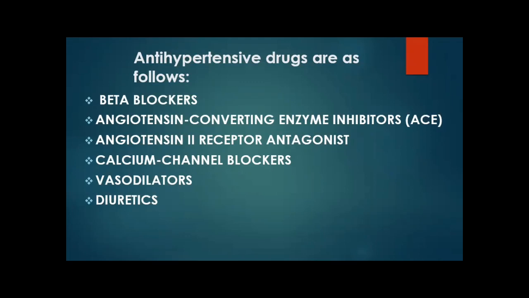So we have 6 that we're going to look at in this video, and for each group we're going to explain the side effects, mode of action, and the most common drugs that are used. So stay tuned as we continue with our lesson.